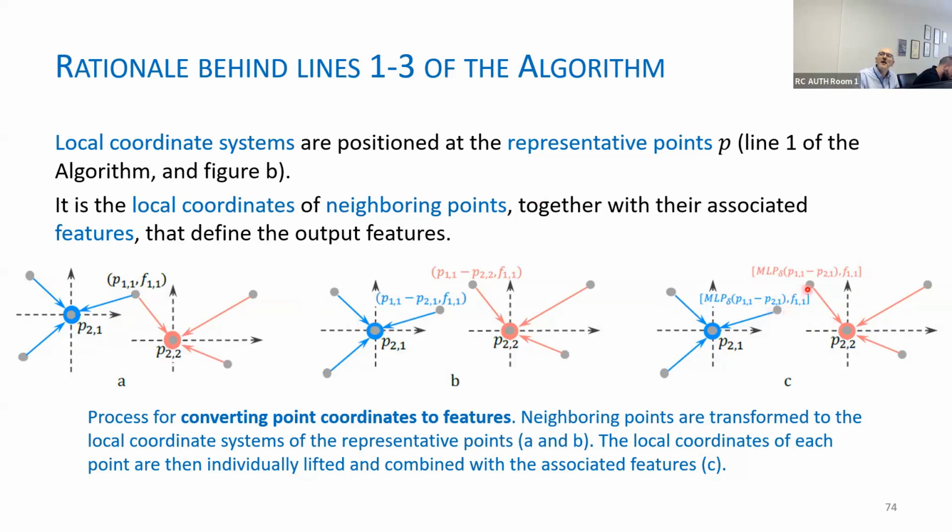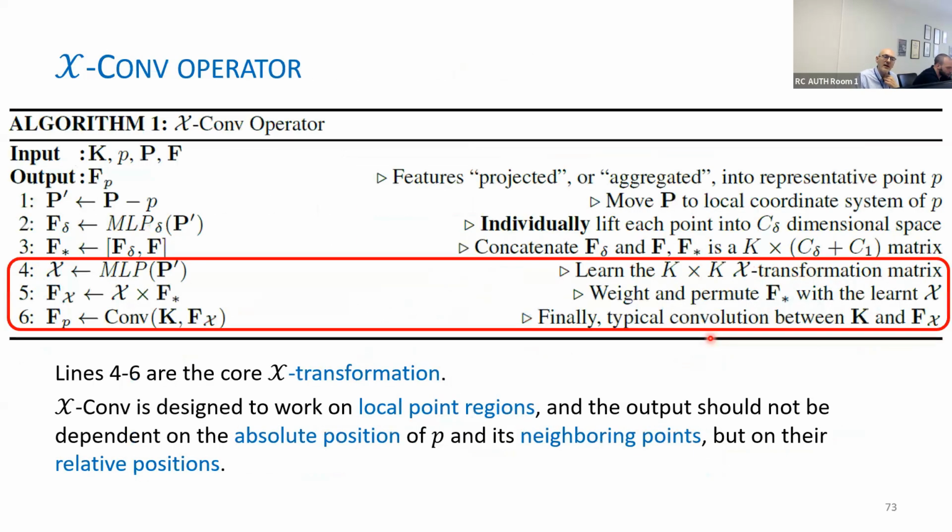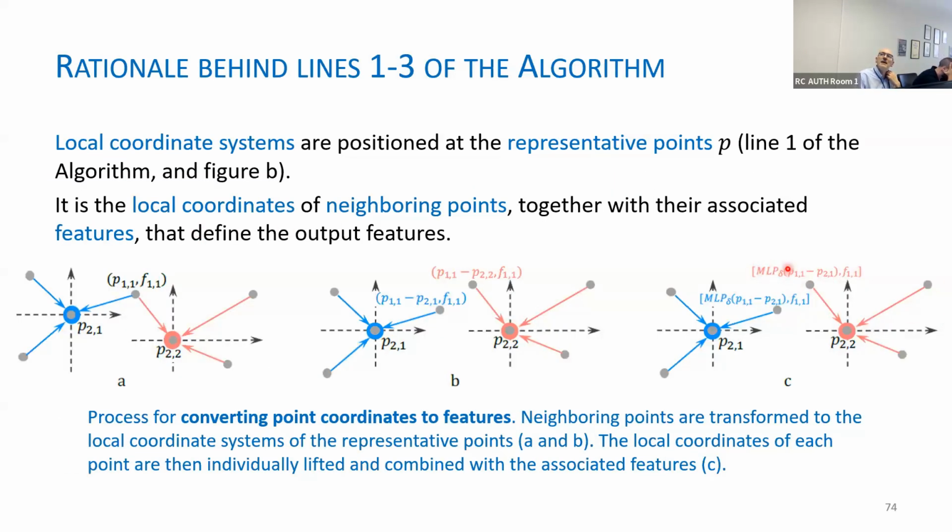And you see here also the effect of the MLP, which is applied to these differences. This is what we perform in this step of the algorithm: we apply the MLP to the transformed coordinates. For each point, we apply the MLP to the coordinates of the points referred to the representative one, and then we concatenate with the features of that point.